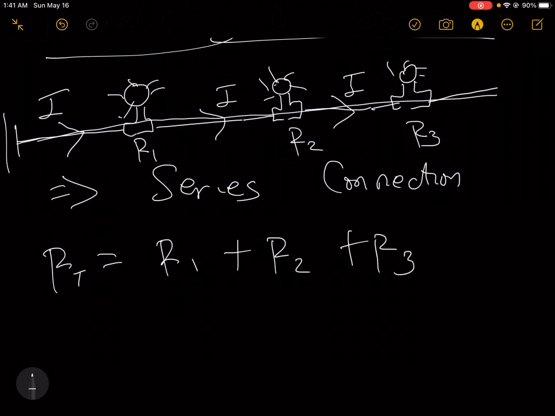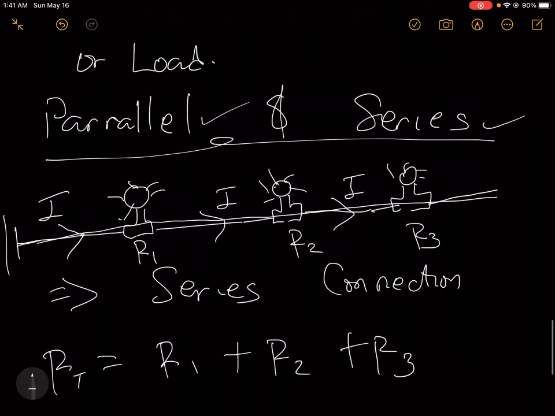That tells me the total resistance, the total amount of resistance offered against the current that passes through here, right?